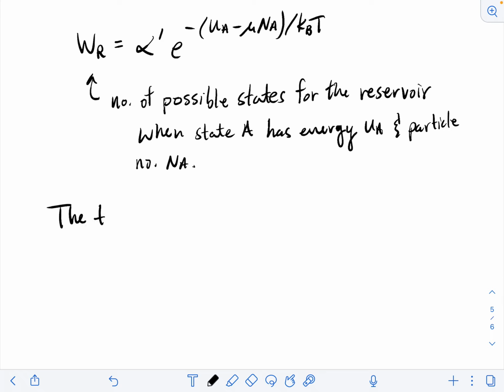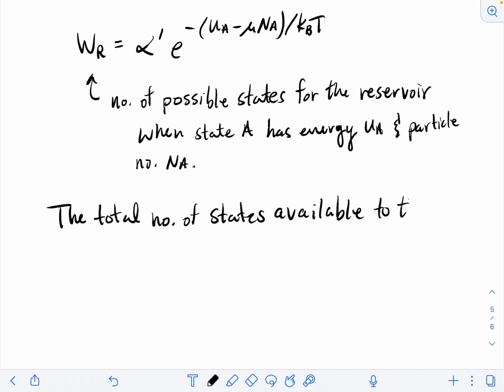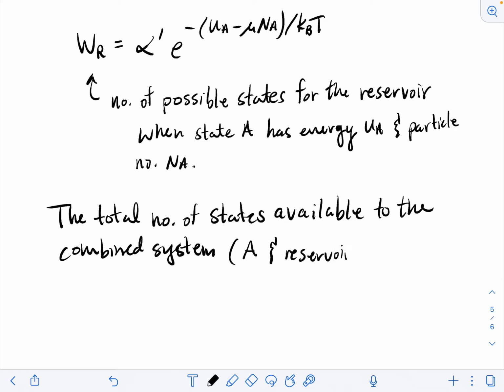The total number of states available to the combined system, and the combined system is the entire ensemble, so it consists of state A and the reservoir made up of all of the other states, is W equals WA times WR.